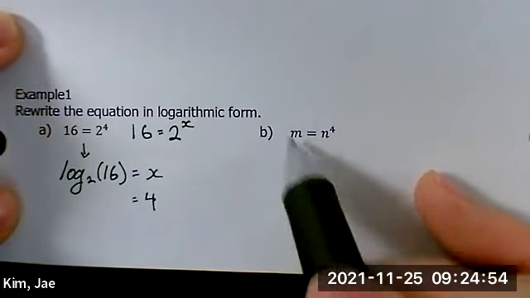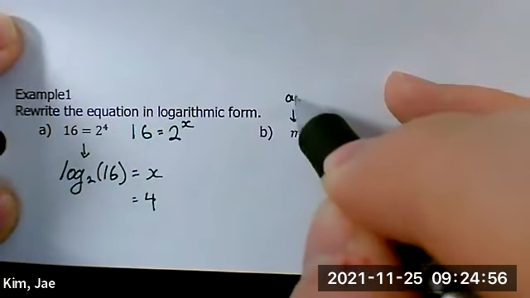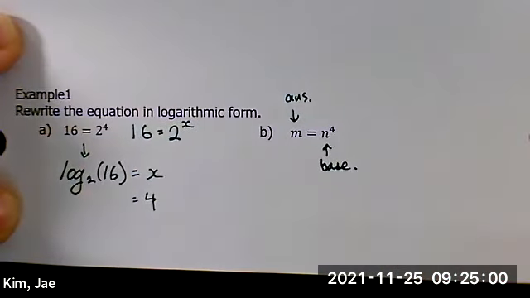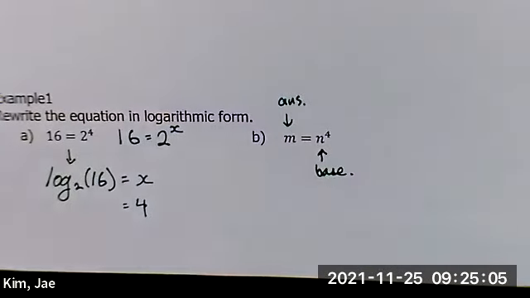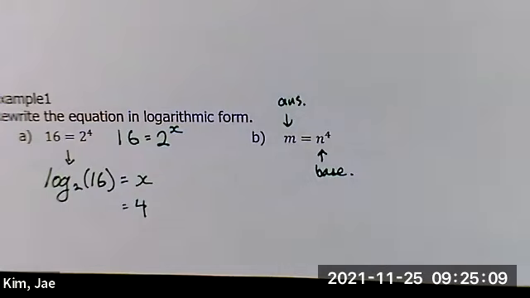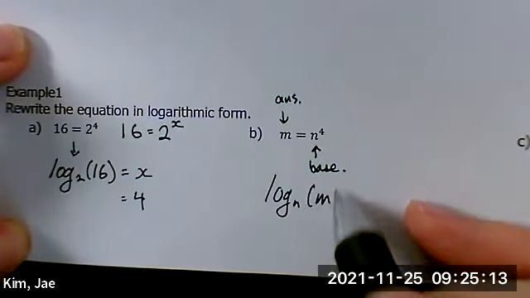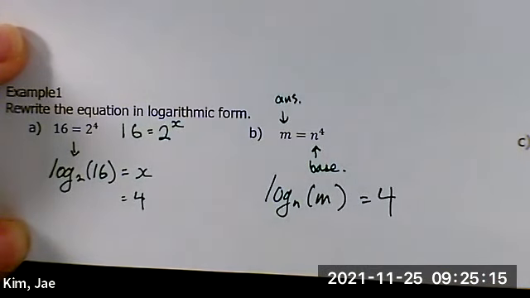Next one, M is the answer, N is the base. How would you rewrite that? Yeah. Log base N of the answer equals 4.